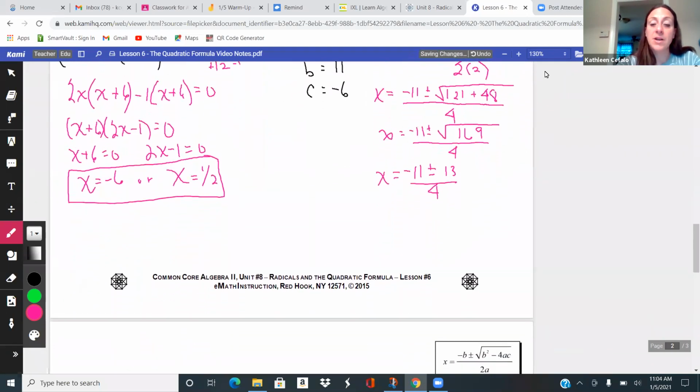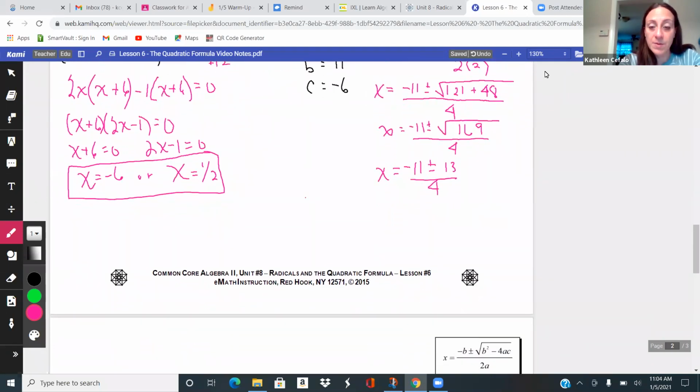And then to get our two answers to look the same, remember, here's what we have. I have one value that's negative 11 plus 13 over 4. And then the other value I have is negative 11 minus 13 over 4. Okay, so negative 11 plus 13, that's getting you 2. 2 divided by 4, well, there's your 1/2 that we found from earlier.